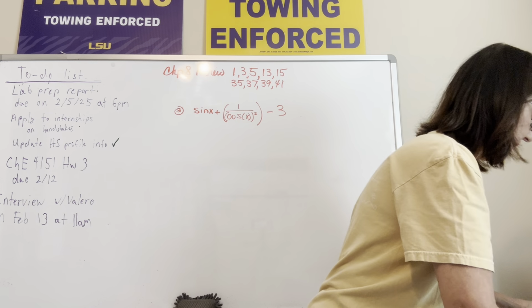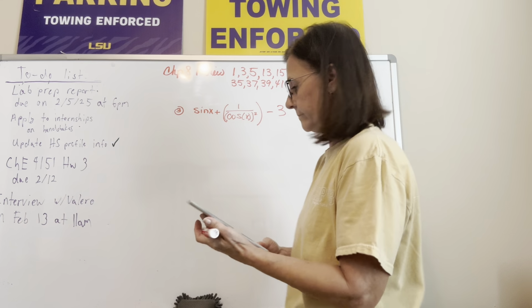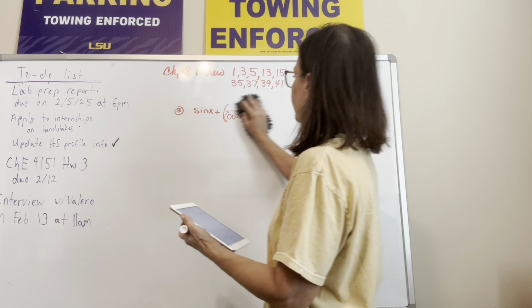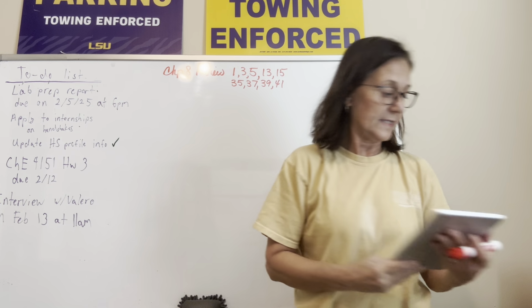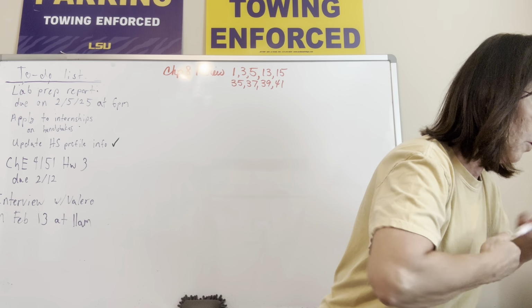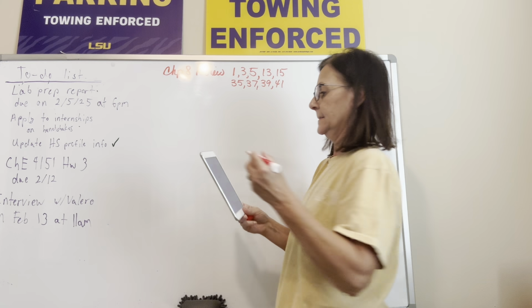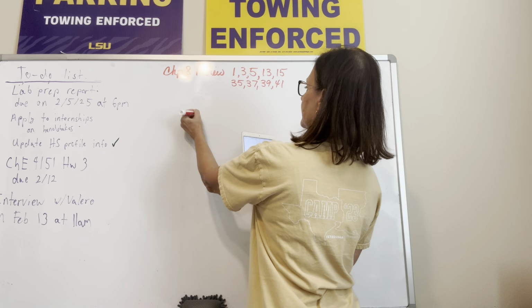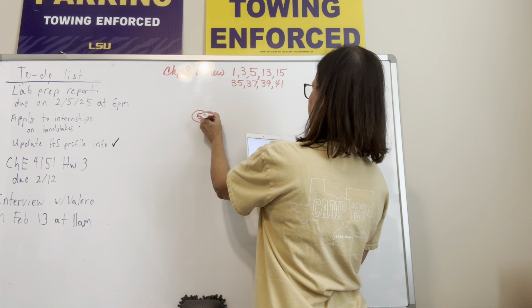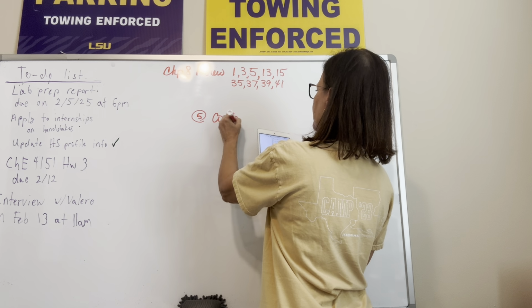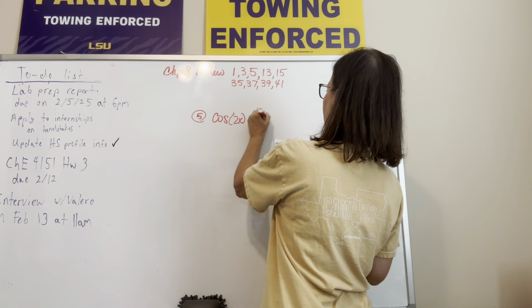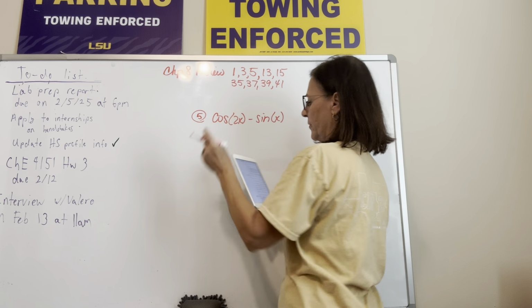All right, number 5. Number 5, I'm also going to set equal to 0 and look at a distance of 2 pi. So it'll be cosine 2x minus sine x. That's what I'm going to put in y1.